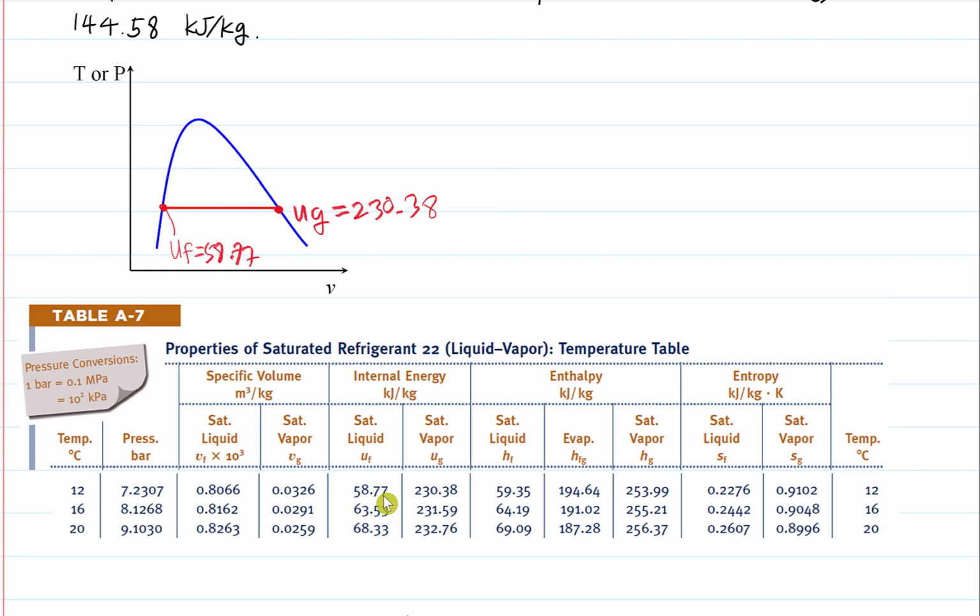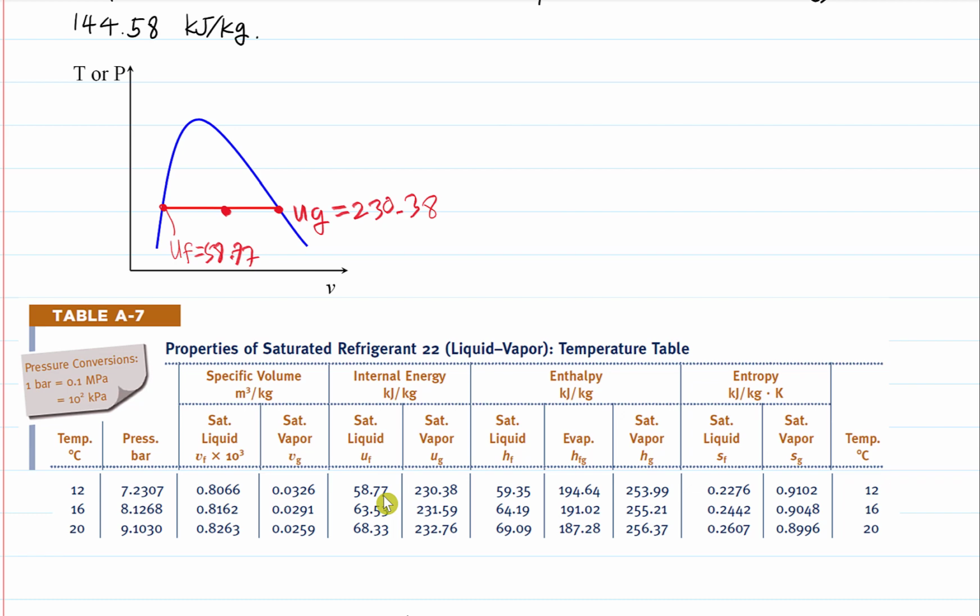So it's between the saturated liquid and saturated vapor. What that means is that the state is a two-phase liquid-vapor mixture. So the given state is somewhere in between the saturated liquid and saturated vapor.